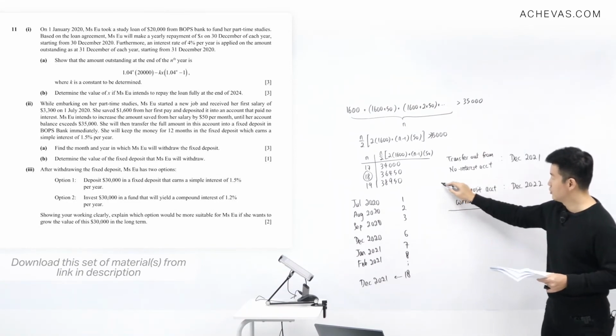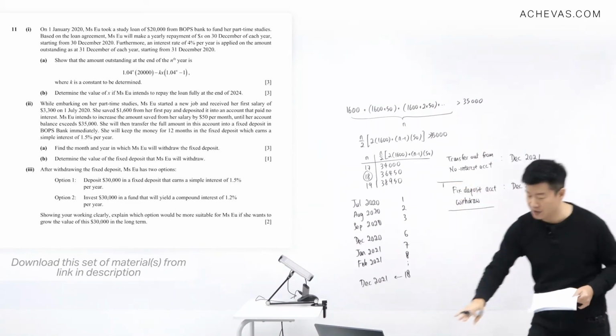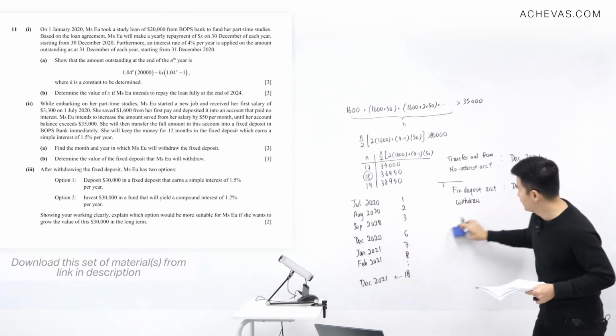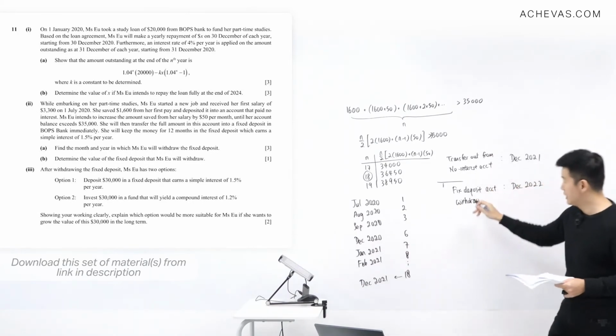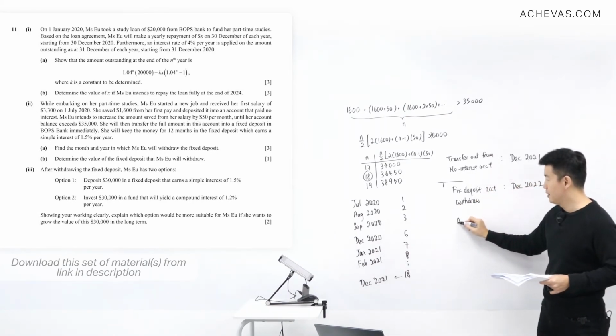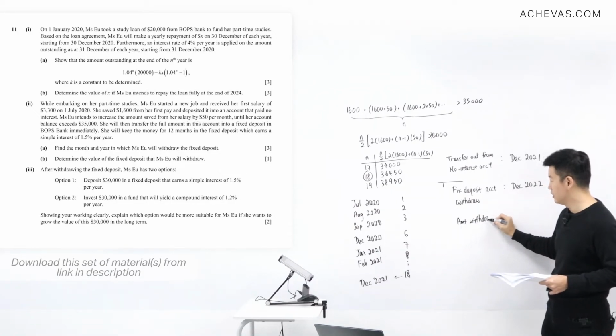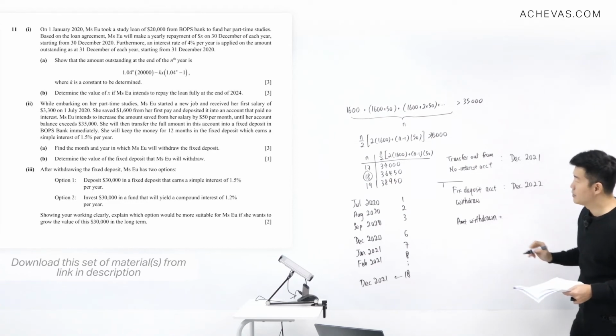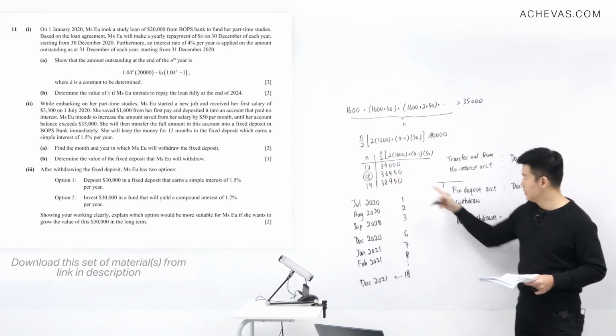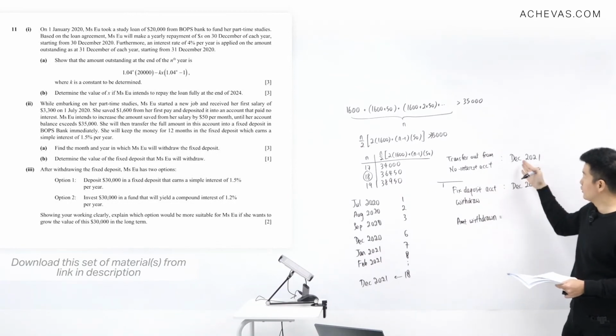So the amount, it is actually for this. So maybe I will just write from here onwards, okay? So the amount that she will be getting when she withdraws money from here, the amount that she's going to withdraw, this is going to be the amount that she has deposited during this year. Okay, this is when she transferred the money over.